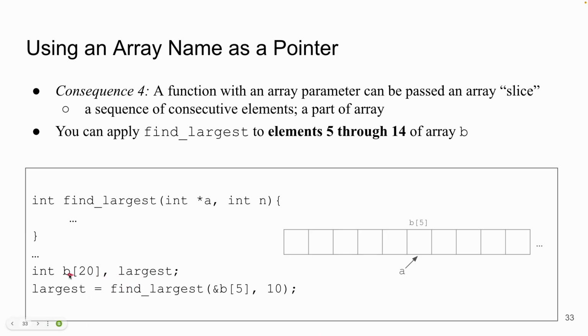So here we have an array B, and the length of B is 20. But in this case, I only want to find the largest number after B[5]. So instead of just writing B here, I can write the pointer pointing to B[5]. So I just apply the address operator and get the address of B[5]. So we will assign this value, the address of B[5], to A. So A will now point to B[5].